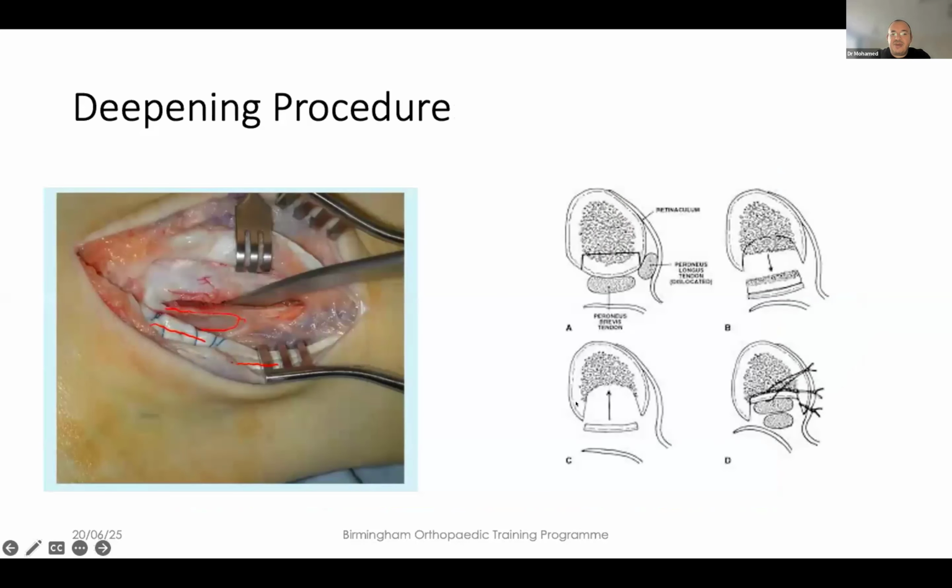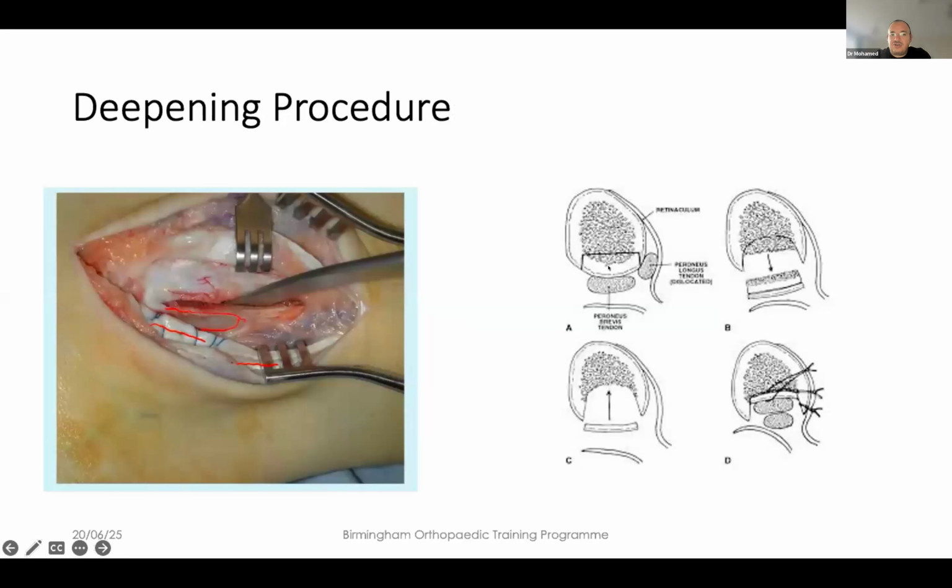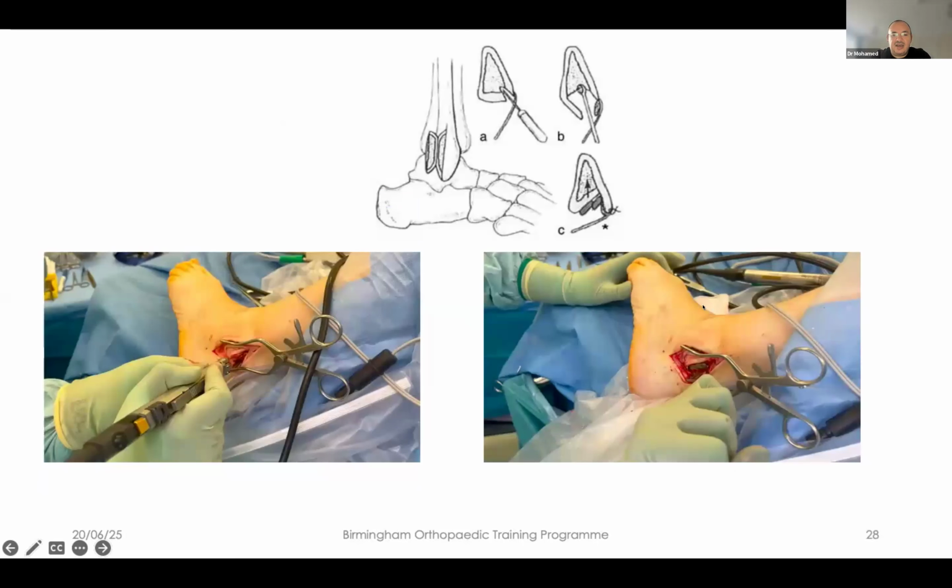As you can see here, you may do this deepening procedure. So in basic terms, you go with an osteotome, then cut this piece of bone, get it out, clear the endosteum until you are sure that you will maintain a deep groove, then push the cortical bone back just to keep it smooth for the peroneal tendons to run, and then you have a deep groove.